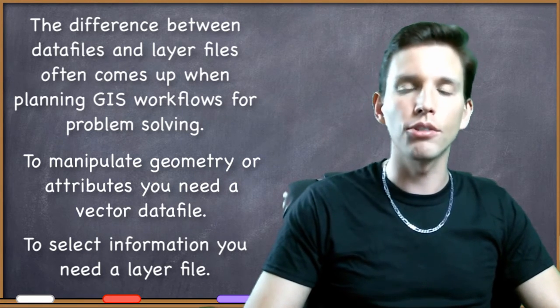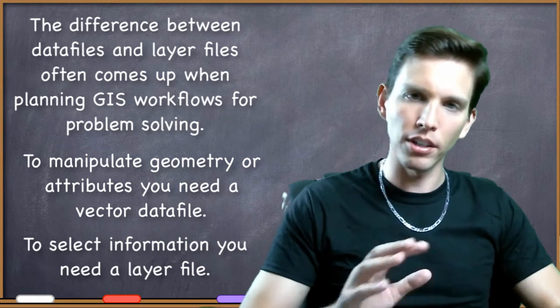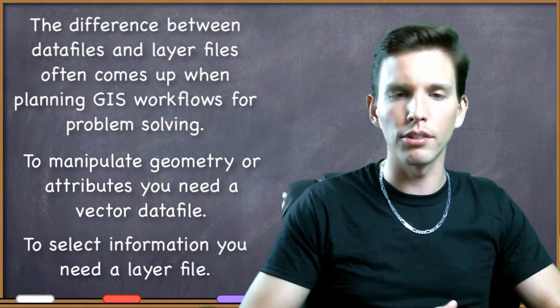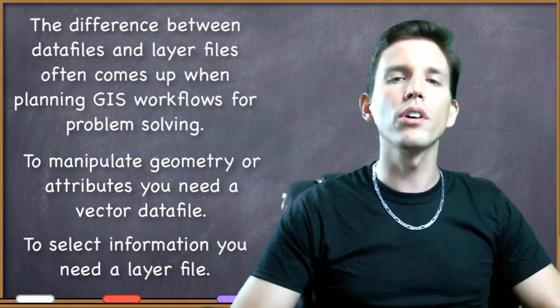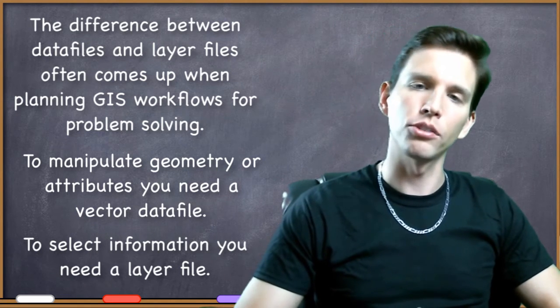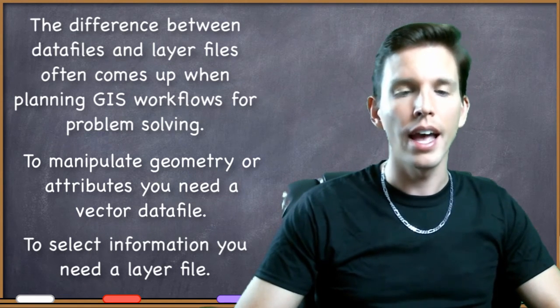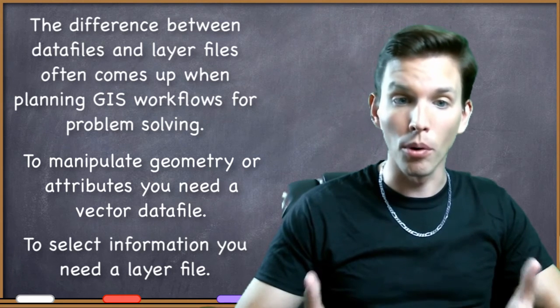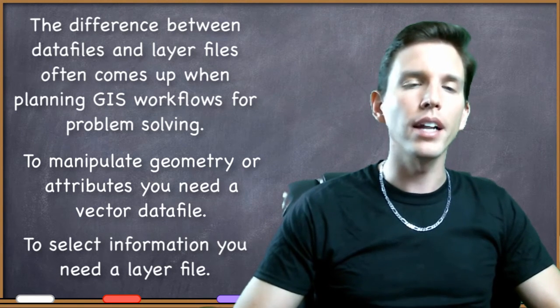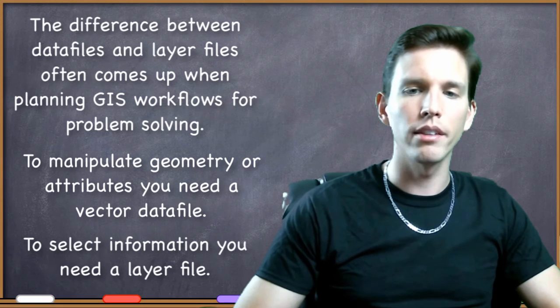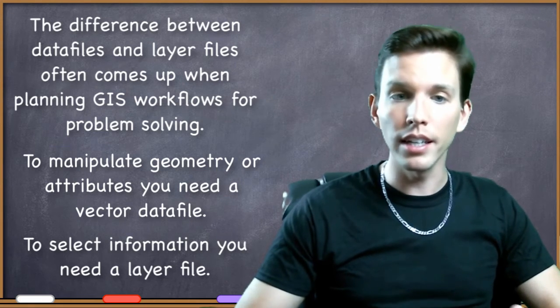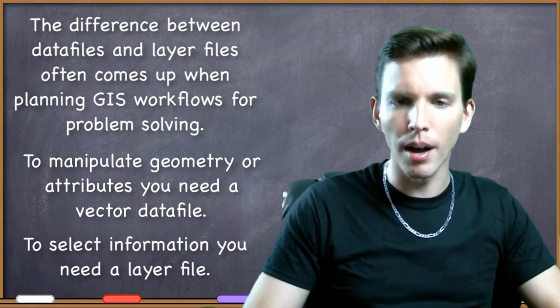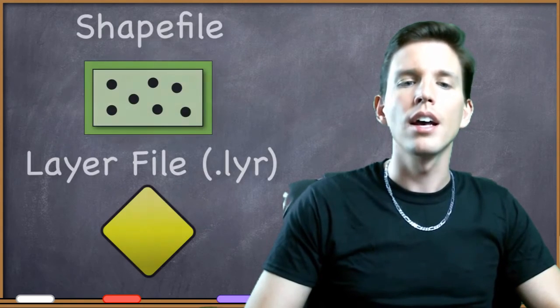It's not going to need to create a whole new layer file because it can just switch around what is and is not selected in the layer file. We're going to look at that in more detail as we progress into other lessons and also much more in more advanced GIS courses. But I want to introduce you to this difference now so that it can at least be in the back of your mind. You can begin thinking about it.